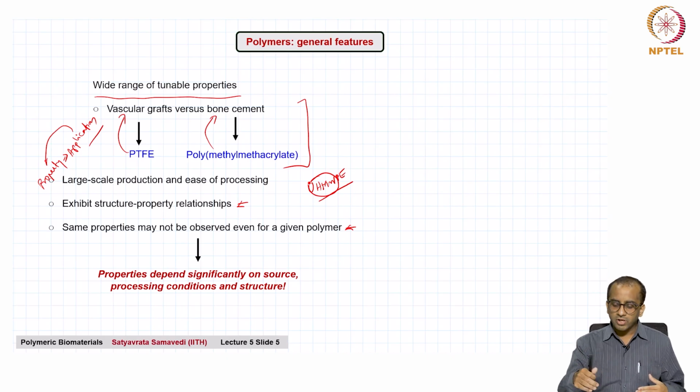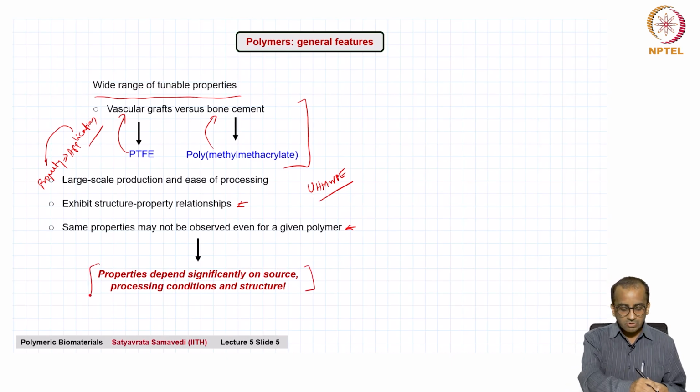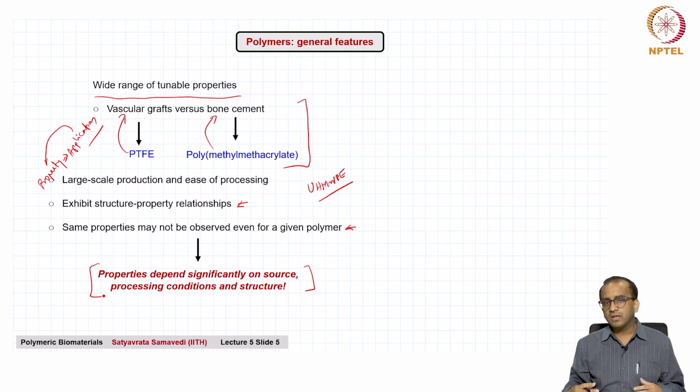But this ultra high molecular weight qualifier makes it very important when it has to be used as a liner. So, properties of these materials depend significantly on the source, processing conditions, and the structure, and all of those are important for eventually where these materials will be deployed in the clinical application.